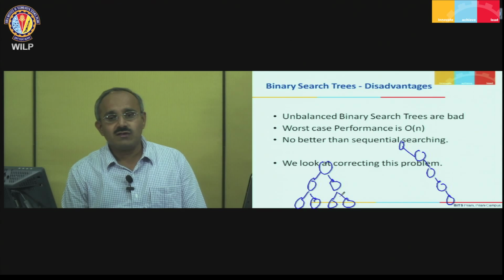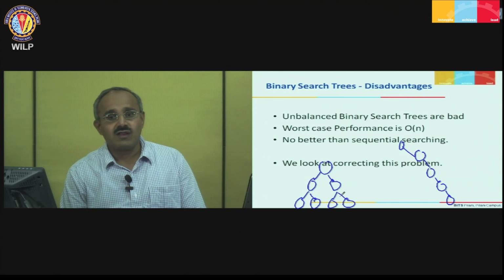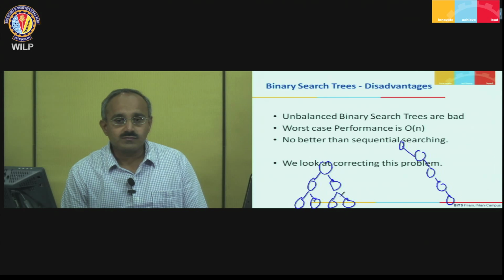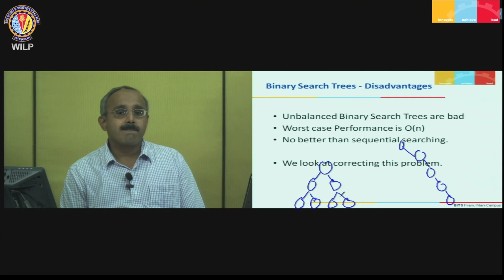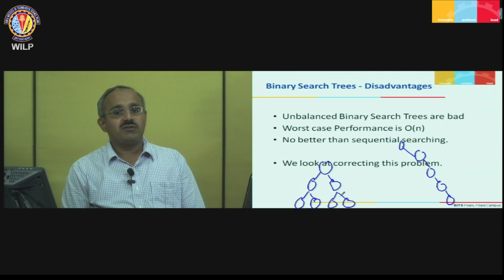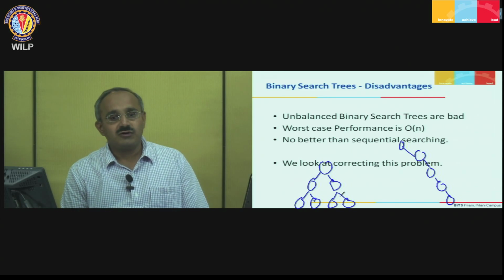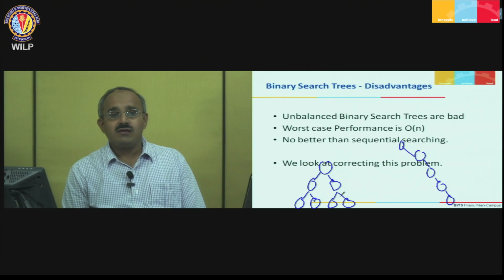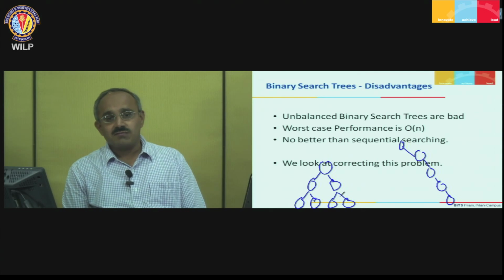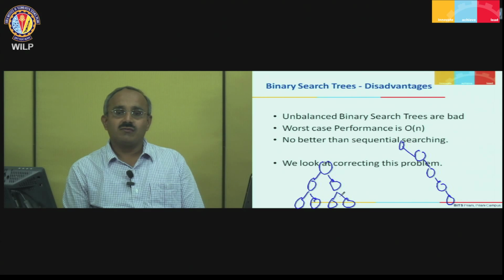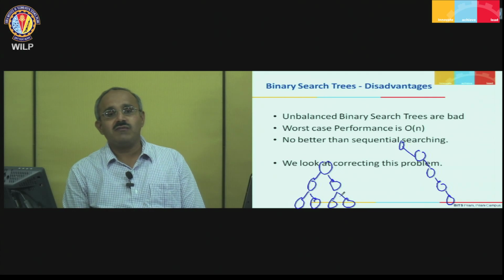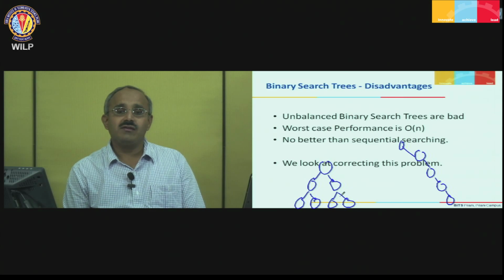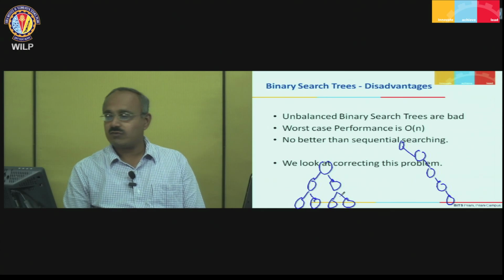In one case, the height is 6, whereas in the other case the height is 3. And we have seen that all operations in a binary search tree are proportional to the height of the tree. So, a tree which is unbalanced or skewed gives us the worst performance, whereas a full tree, or we will say a balanced tree, gives us the best performance.